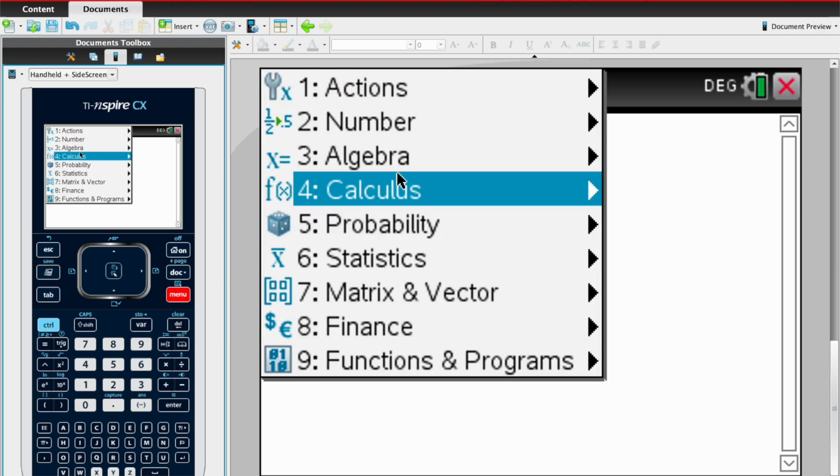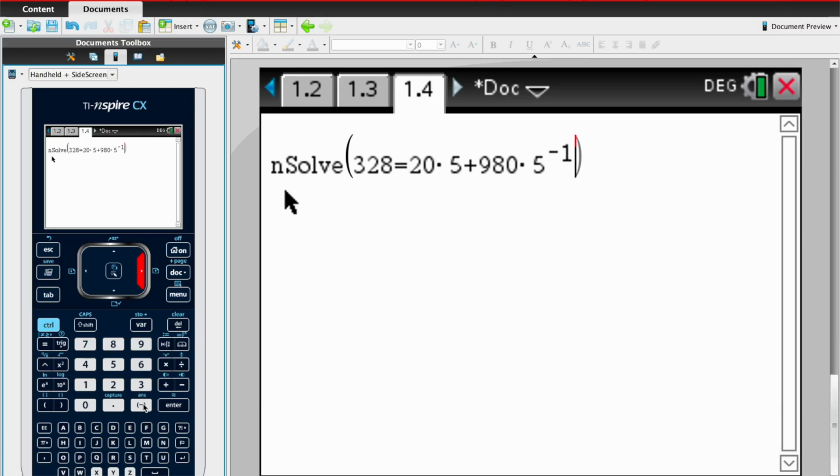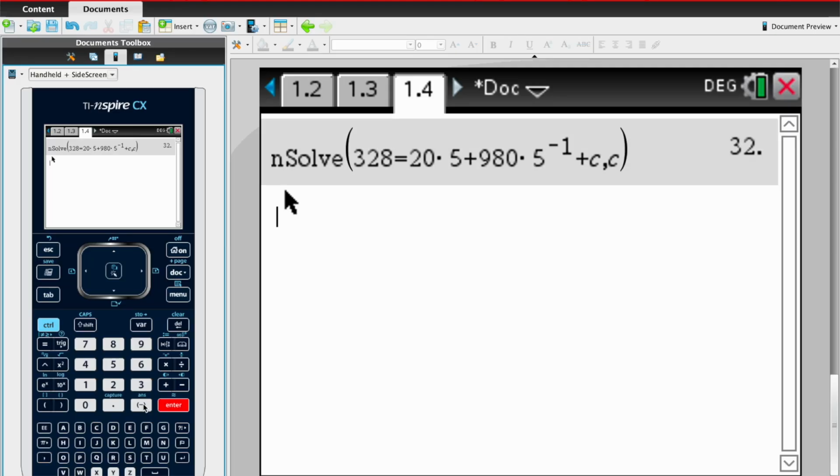Menu, algebra, numerical solve. 328 equals 20 times 5 plus 980 times 5 to the negative 1 plus c, and we want to find out what c is. In this case, c is equal to 32.